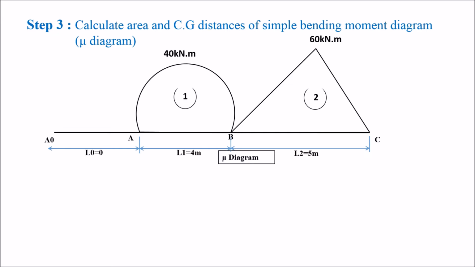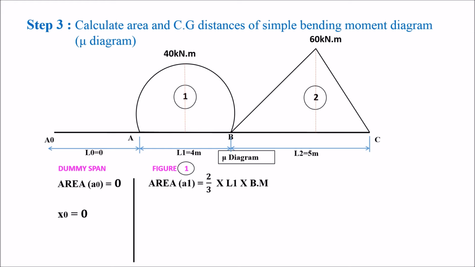First of all, mark figure number 1 and figure number 2. Dummy span: area of dummy span A0 equals 0 and x0 equals 0. Figure number 1.